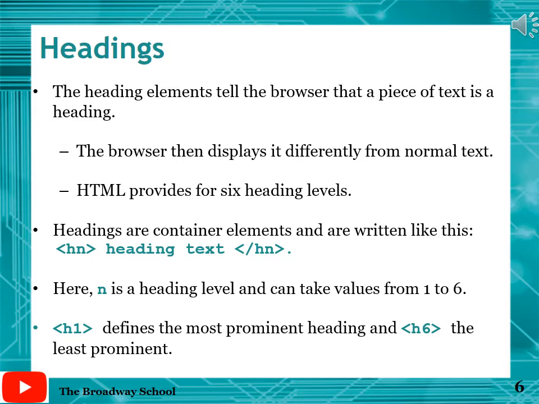Headings are container elements and are written like this: starting angle bracket, HN, closing angle bracket, heading text, and the ending tag of the heading. This N varies from 1 till 6. Here N is a heading level and can take values from 1 to 6. H1 defines the most prominent heading and H6 the least prominent heading.